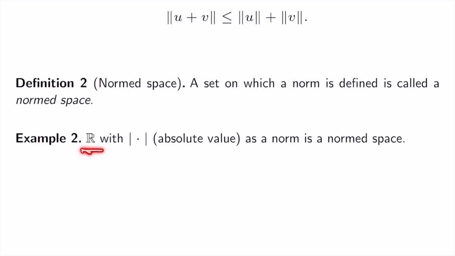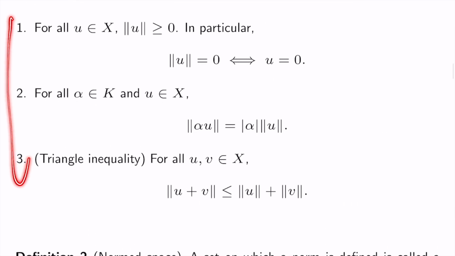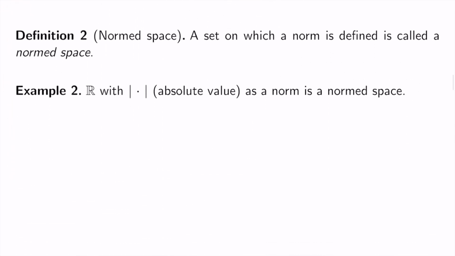The set of real numbers with its absolute value as a norm is a normed space. Because we can consider the set of real numbers as the one-dimensional vector space, and we can easily see that the absolute value of real numbers satisfies all these axioms. So it is a normed space.